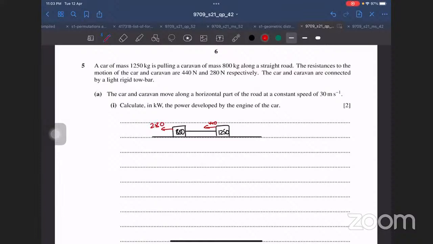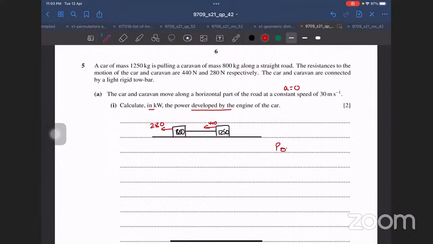The car and the caravan are connected by a light rigid tow bar. The car and caravan move along a straight horizontal road at a constant speed of 30, which means that the acceleration should be 0. Calculate in kilowatts the power developed by the engine of the car.